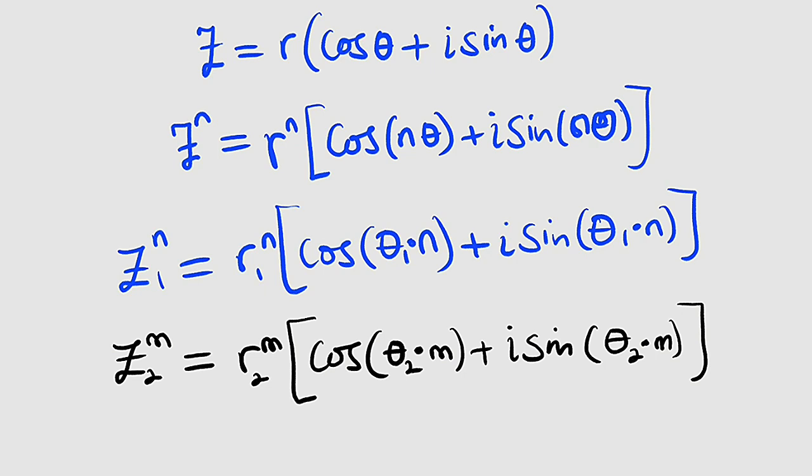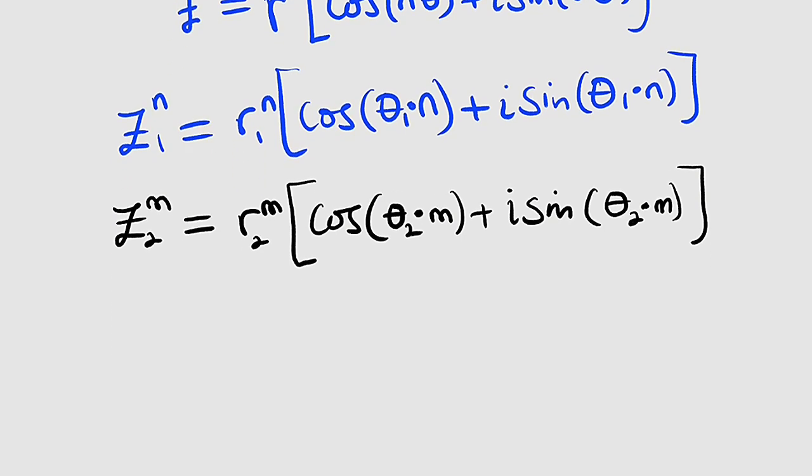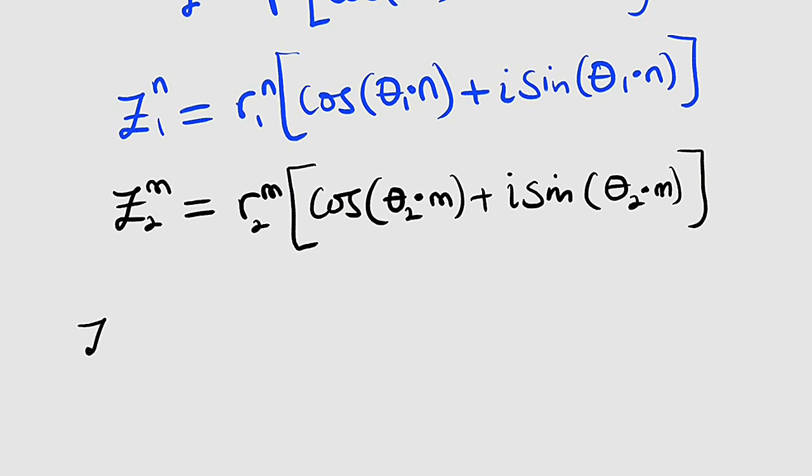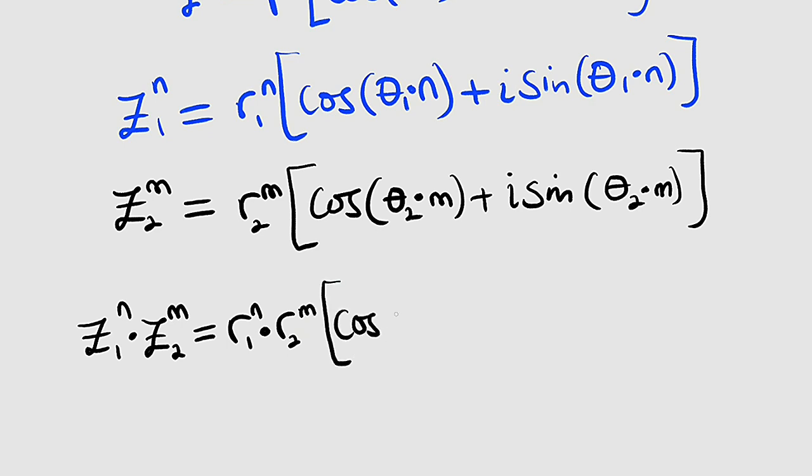So what if we wish to multiply these two complex numbers together? Suppose we want to multiply z1 to the power of n, then multiply by z2 to the power of m. This is the same thing as r1 to the power of n, then multiplied by r2 to the power of m, then multiplied by cosine of what?